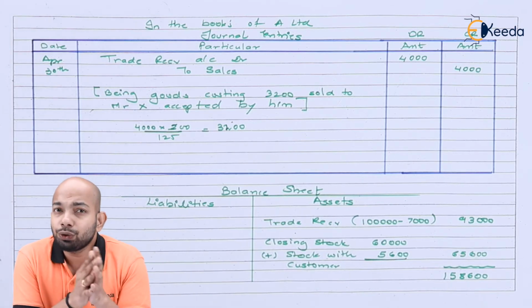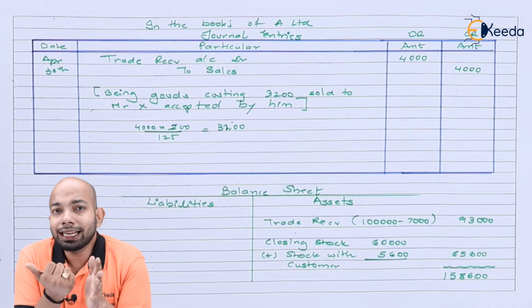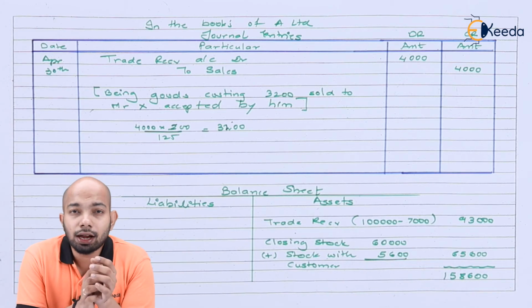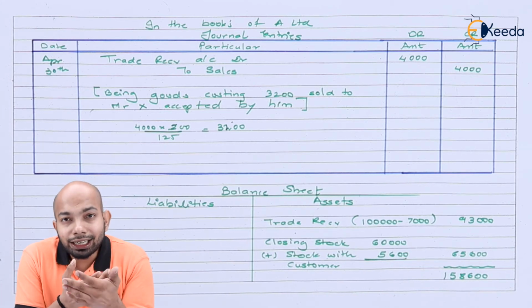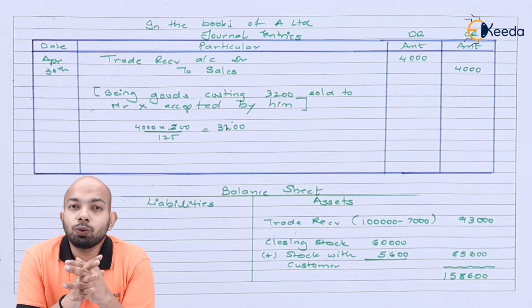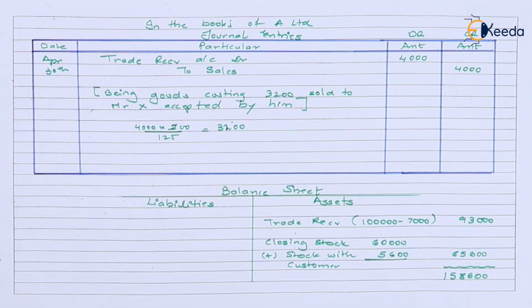According to that, we have to take that into consideration, and hence the total amount of closing stock will be 65,600, and the trade receivables total will be 93,000, which gives you a total of balance sheet 1,58,600. So when all these things are done, this is how the balance sheet placing is supposed to be done. This is how the journal entries are supposed to be done.